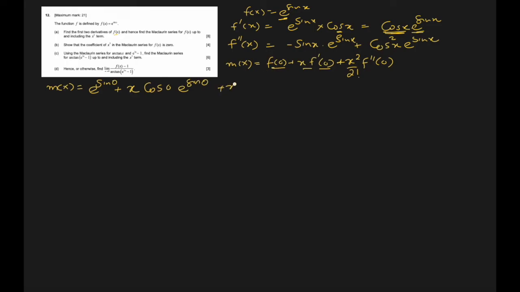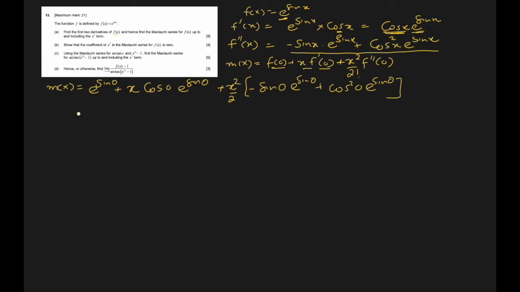Then x square over 2 factorial. 2 factorial is 2, so let's not write factorial anymore. Second derivative is this big thing, so multiplied by minus sine 0 e to the power sine 0 plus cos square 0 e to the power sine 0.